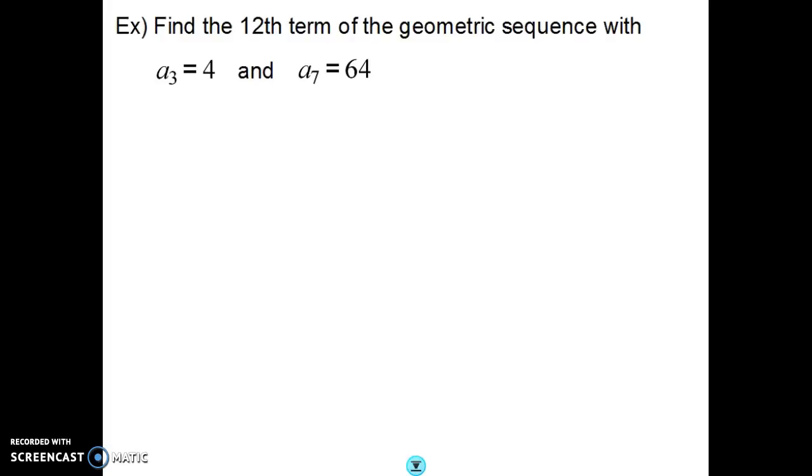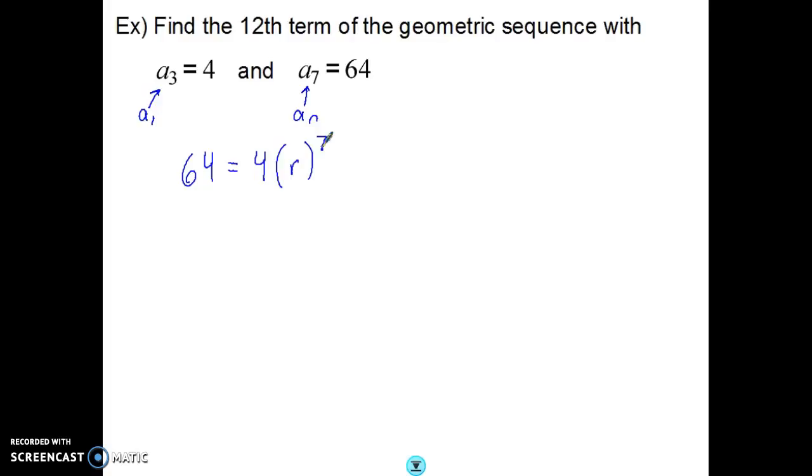So we're not given a sub 1, but we do still have 2 terms, so we can plug enough stuff in here to solve this. We're going to use a sub 3 as our replacement for a sub 1. And we're going to use a sub 7 as our a sub n. So we'll fill in the blanks. That means we'll have 64, because that's a sub n, equals, we're going to use 4 as our a sub 1 times r, which we don't know, to the n, which is 7.